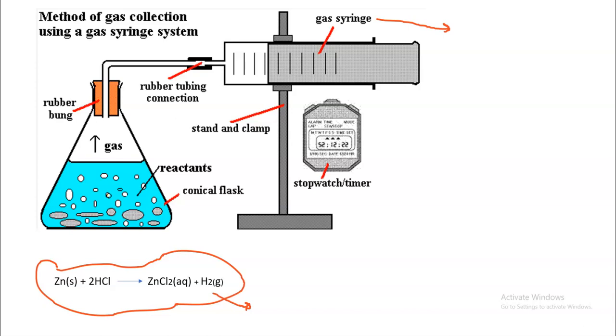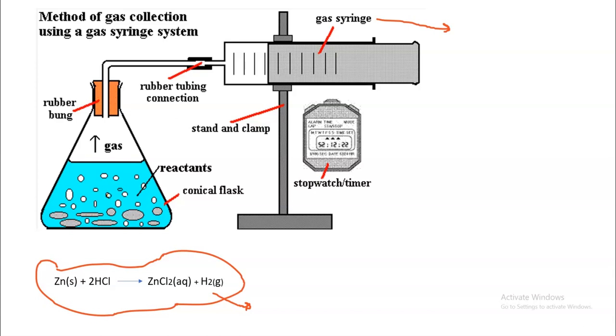So the first function, or the first reason why we use the gas syringe, is to collect the gas. The gas you're going to form, for example the hydrogen gas, will be collected through the gas syringe. The second function is to measure the volume of the gas formed.